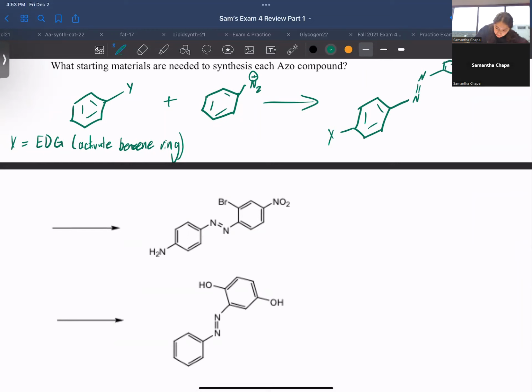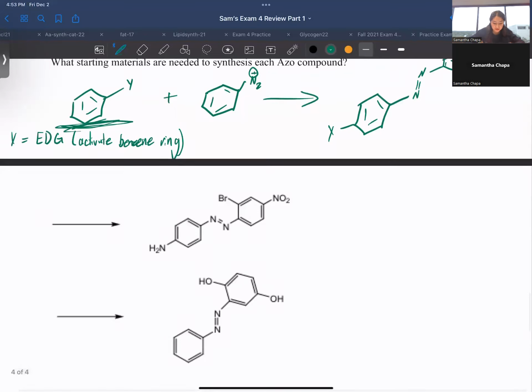On one of the reactants, you can only have electron donating groups, whereas on the diazonium salt, you can add whatever you want to it. Just make sure that if you have electron withdrawing groups, they are on the diazonium salt, not on the benzene ring with your electron donating group.